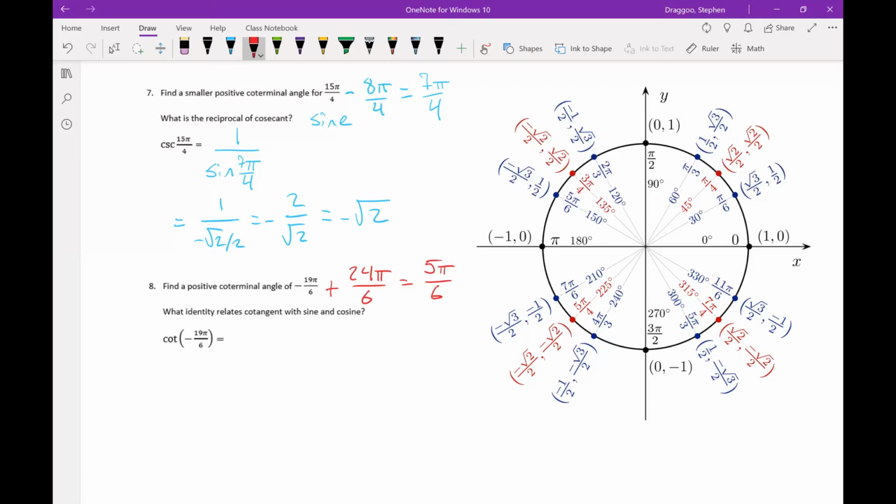Then we want an identity that relates cotangent with sine and cosine. That should be cotangent of theta is equal to cosine over sine. So again, we're going to need both the x and y values at 5 pi over 6, which is up in the second quadrant.